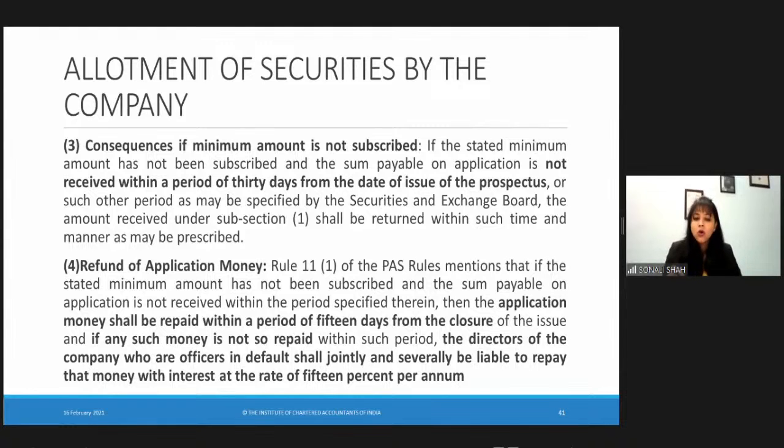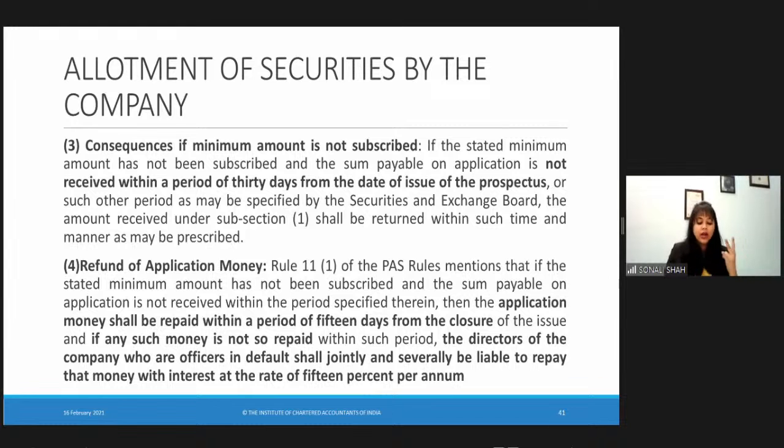Right? So, 3 points that we have to remember here. Firstly, there is a requirement that the amount stated in the prospectus as the minimum subscription is to be subscribed. The sum payable on application in respect of minimum subscription has to be received by the company.